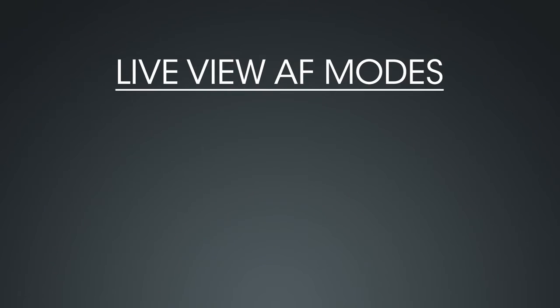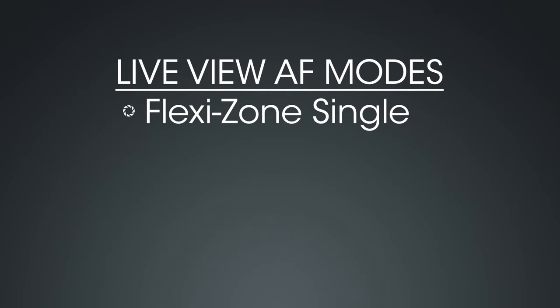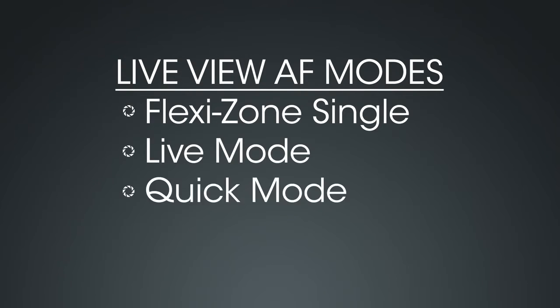Before you start taking pictures in live view, you'll want to understand the live view autofocus modes. In live view, there are 3 different AF modes to choose from: Flexi Zone Single, Live Mode, and Quick Mode. When the camera is using the Flexi Zone mode or the Live Mode, focus will take a little longer than in Quick Mode.